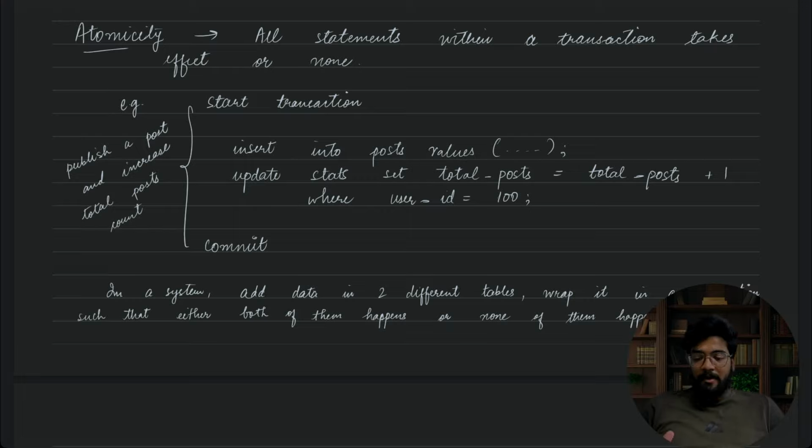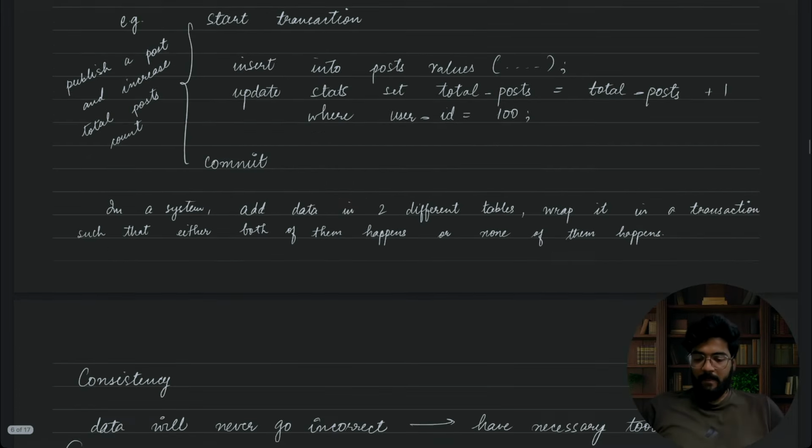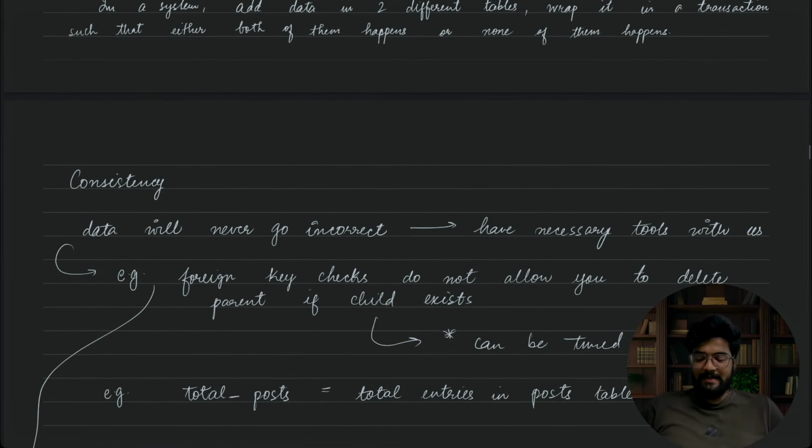Relational databases being atomic guarantees that either all of these statements in the transaction will be committed or none of them will be committed. So if the system fails and the transaction is not committed yet, we won't see any of these statements updated in the database.